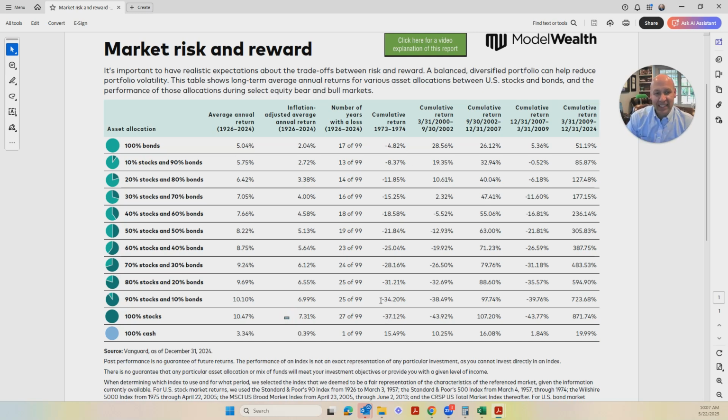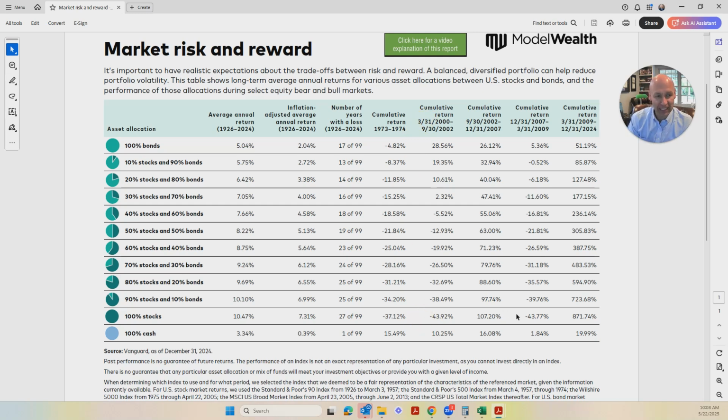So if we look at the 1970s, you'd have lost 37% from 1973 to the end of 1974. In the tech collapse, from March 31st, 2000 to September 30th, 2002, you'd have lost about 44%.